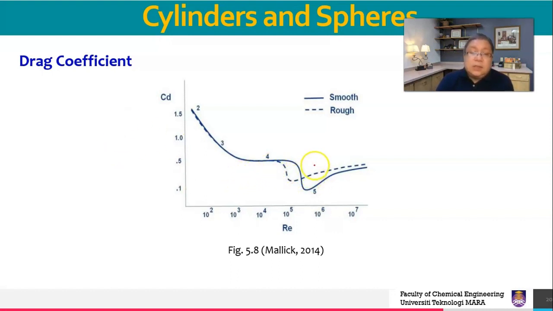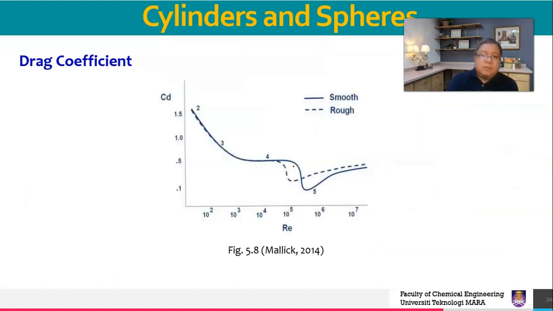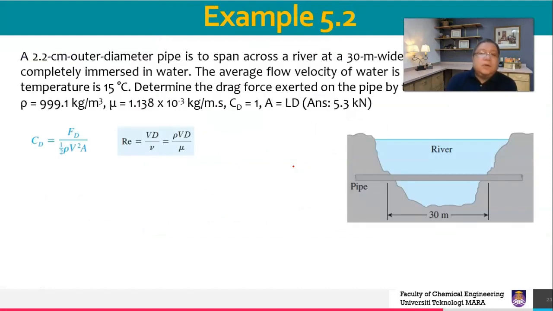Basically this one is for cylinders, both smooth and rough cylinders. I think it's more or less the same as the one that we showed you just now. Okay, so this one is mainly for drag coefficient, CD.